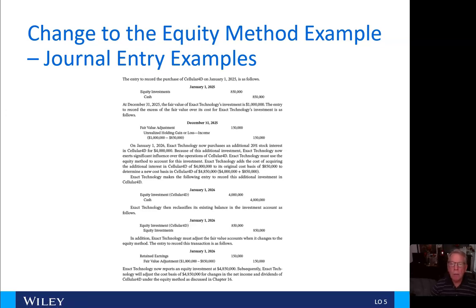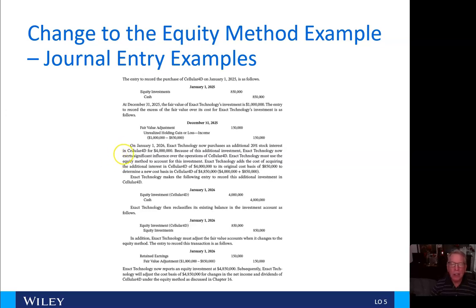Now on January 1, 2026, they purchase an additional 20% stock interest in Cellular 4D for $4 million. Because of this additional investment, Acctg Technology now exerts significant influence over the operations of Cellular 4D. Acctg Technology must use the equity method to account for this investment.